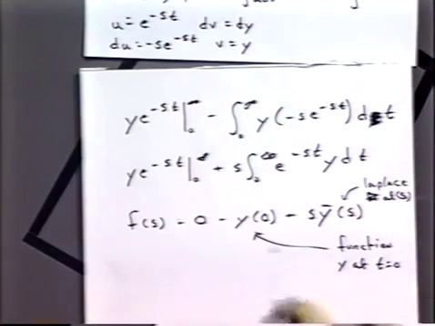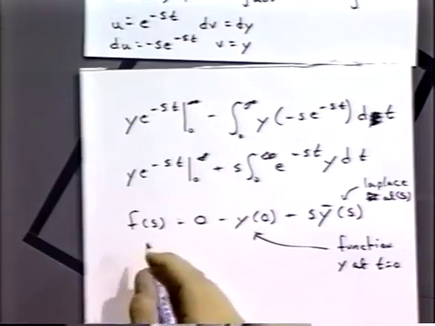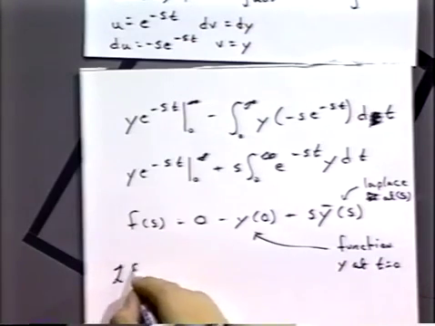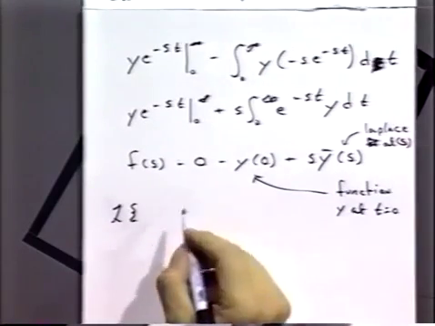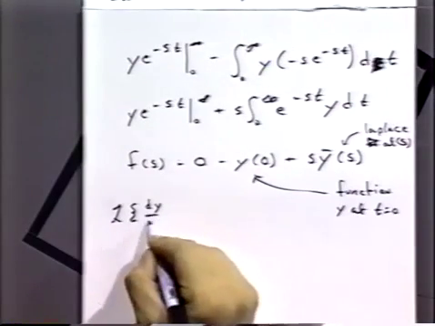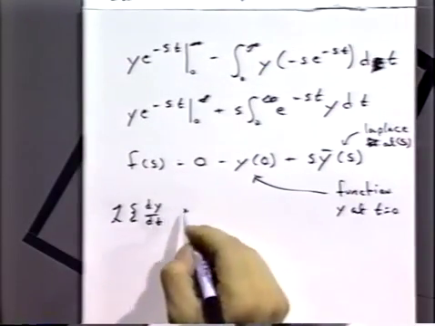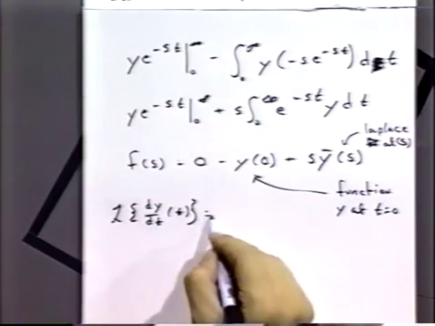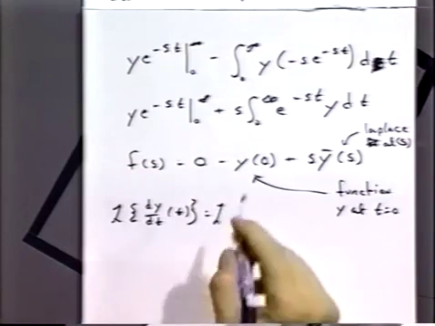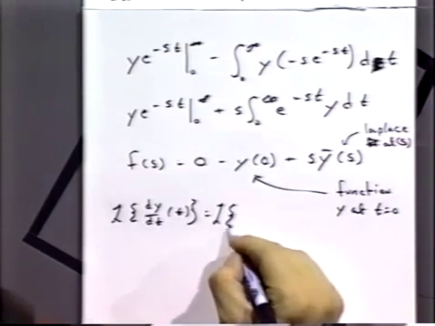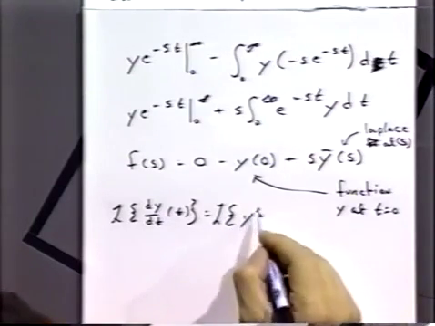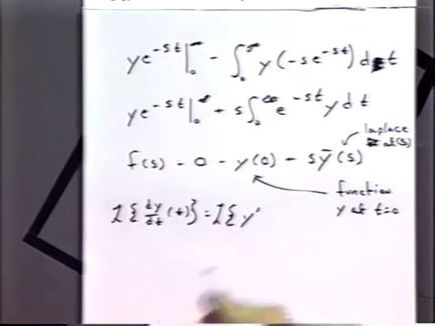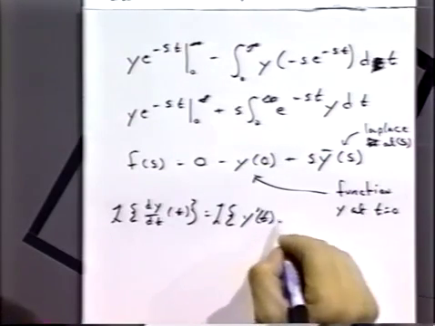Okay, so rewriting that, the Laplace transform of dy dt as a function of t would be, as you remember in calculus, you often use shorthand, a little prime to indicate that dy dt process.